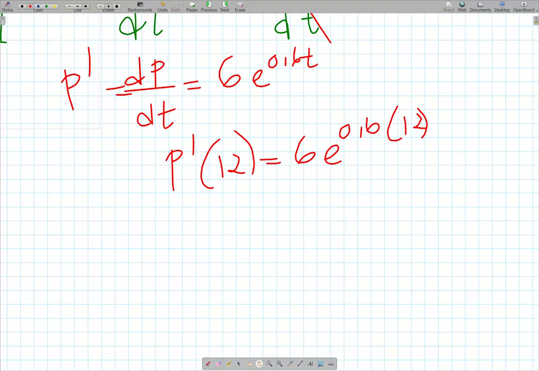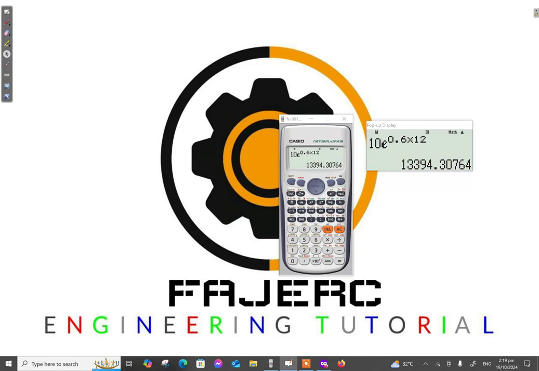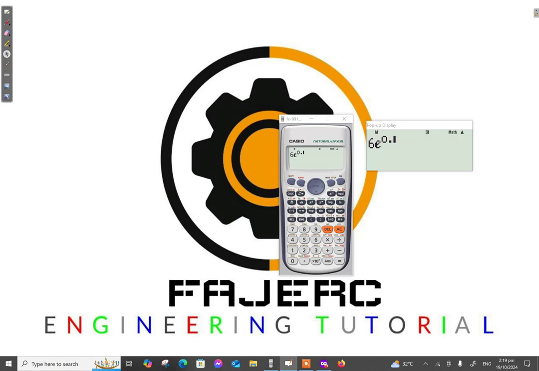Right? So, P prime of 12 is equals to, using calculator, 6 alpha E, and then 0.6 times 12. 6 by 12. How much?